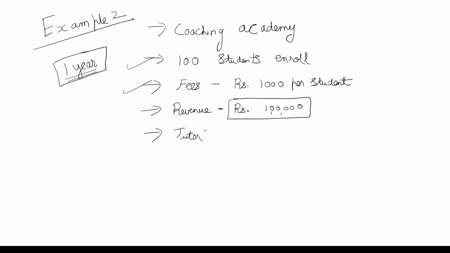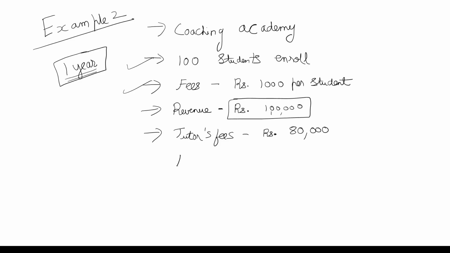Let's say that's the tutor's fees, which is rupees 80,000. There will generally be several items of expenses, but let's just assume one item for our discussion here, which is the amount that the coaching academy would pay to the teacher who's going to handle the courses.